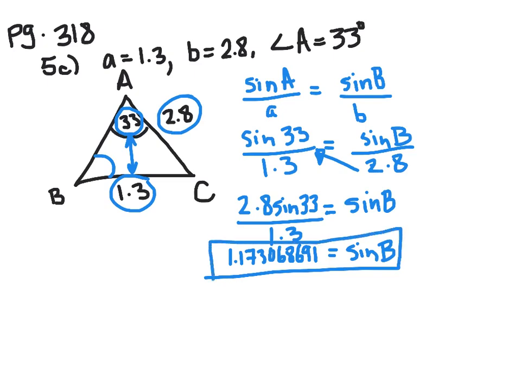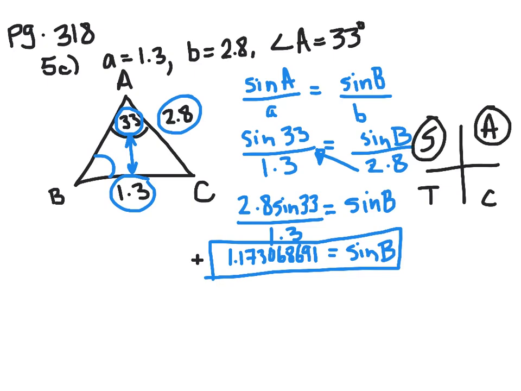Remember, again, when you're dealing with the sine law, the CAST rule has two places where sine is positive: in quadrant 1, the acute angles, and in quadrant 2, the obtuse angles. So you have to take into consideration both answers and see if both answers work.